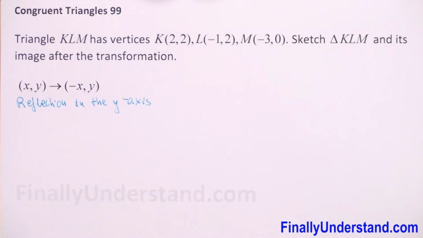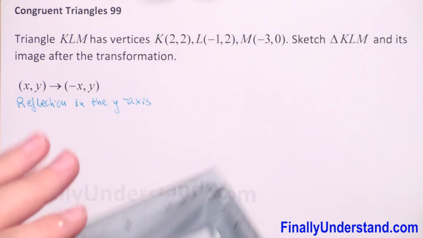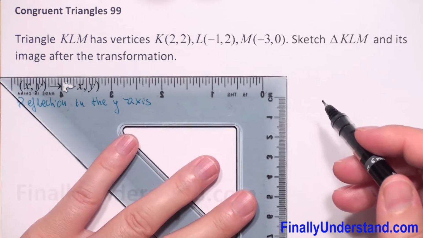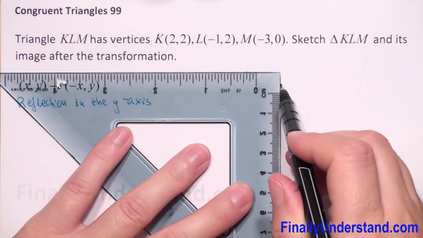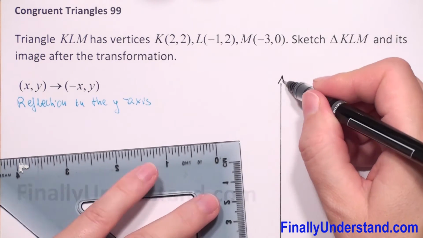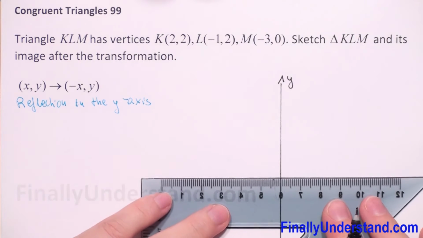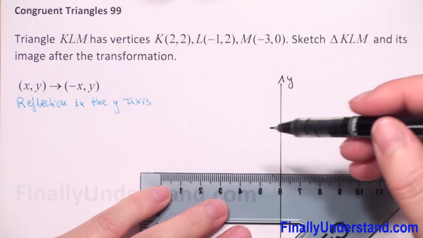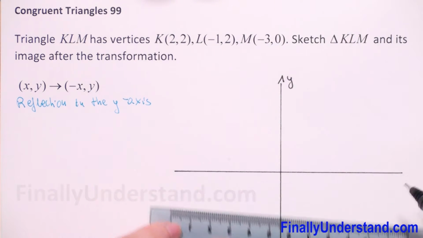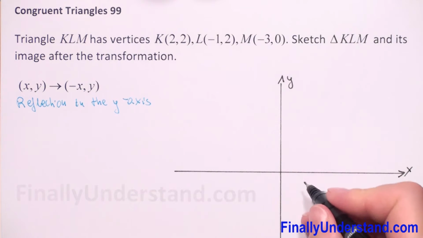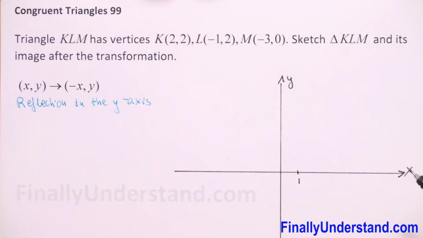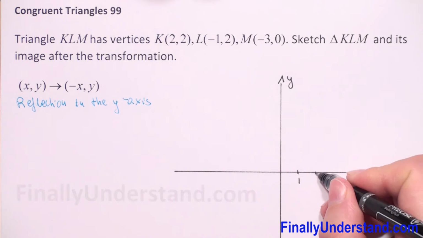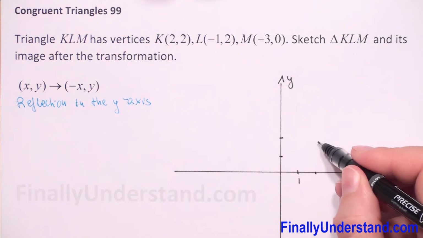So first we will draw the xy plane. To choose the unit, approximately 1, and we have point K(2, 2), so this is 2 and we have to go up 2.